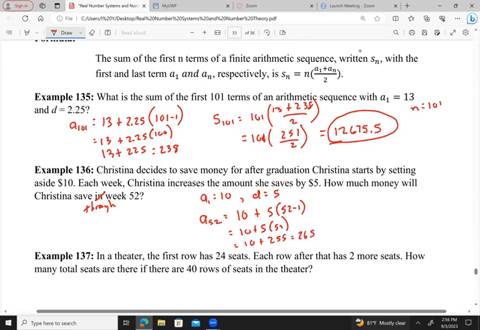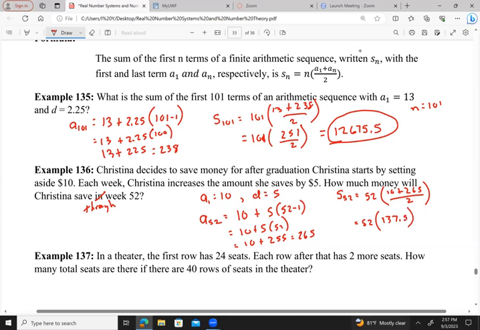So that's how much she would have saved in week 52, but how much would she have saved overall? So in this case, n is 52 again. So we're looking for the sum of the first 52, which is equal to 52 times 10 plus 265 divided by 2, which equals 52 times 275 divided by 2, 137.5.